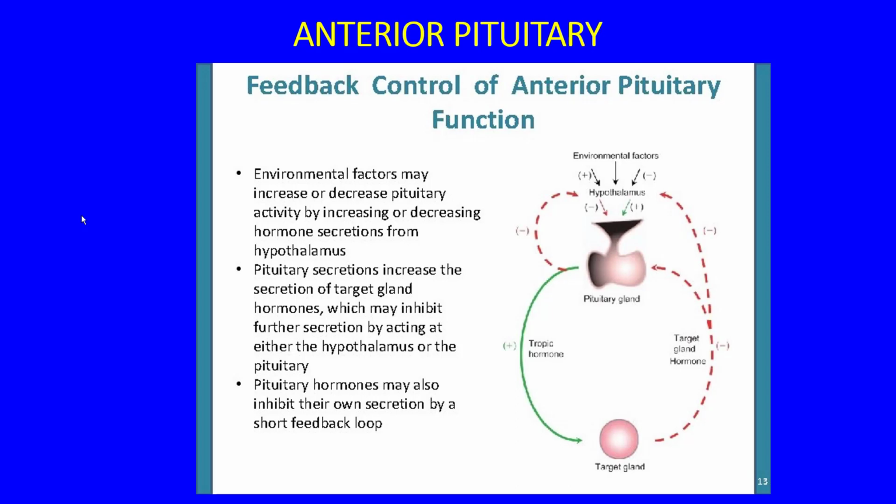The pituitary hormones may also inhibit their own secretion by a short feedback loop back to the hypothalamus, as well as the target gland hormones may also have a negative feedback to both the pituitary gland and the hypothalamus.